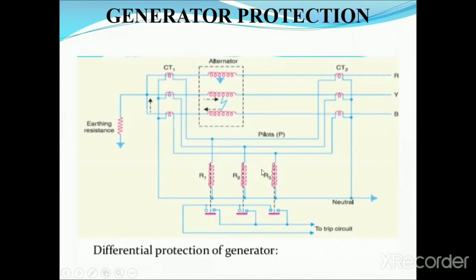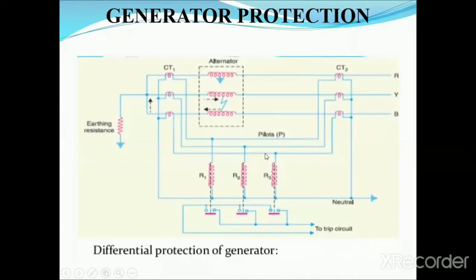The CT is connected to the neutral point, and the relay coils are also connected to the tripping circuit. This is the basic constructional diagram for the differential protection of a generator.